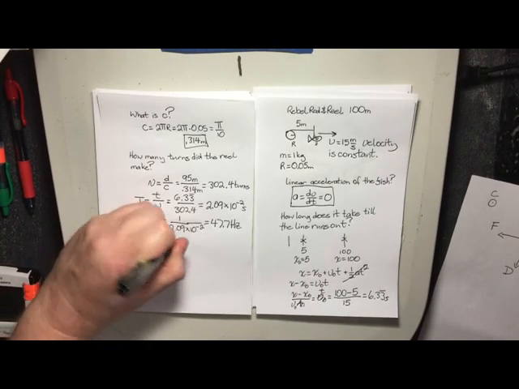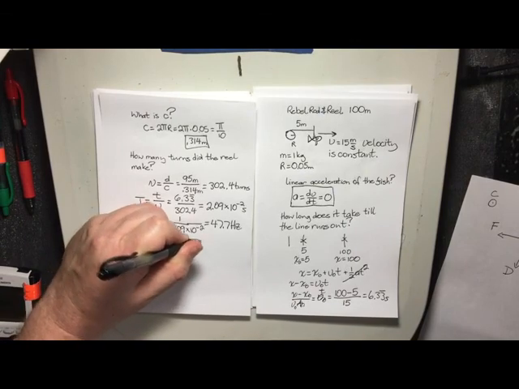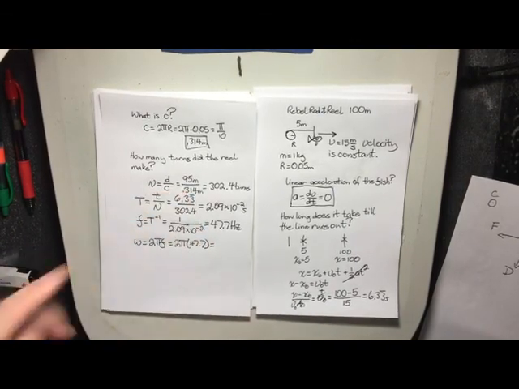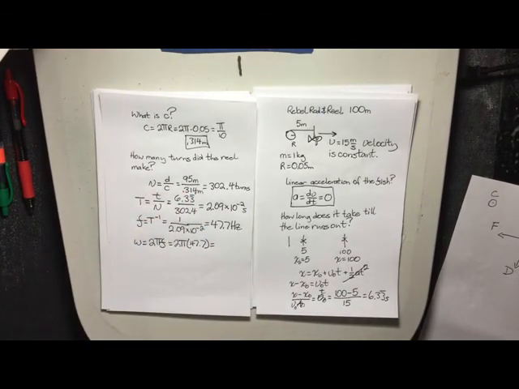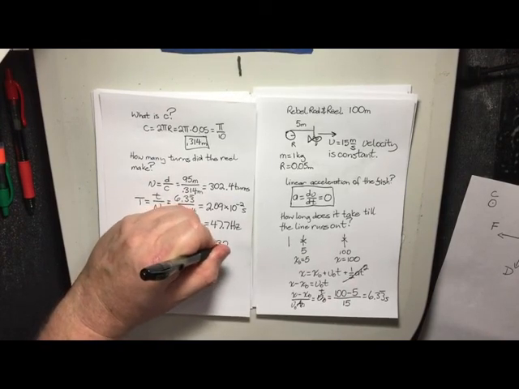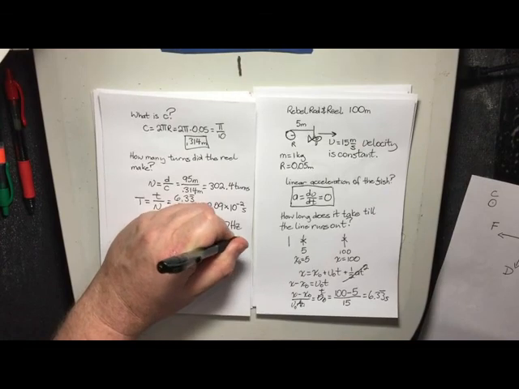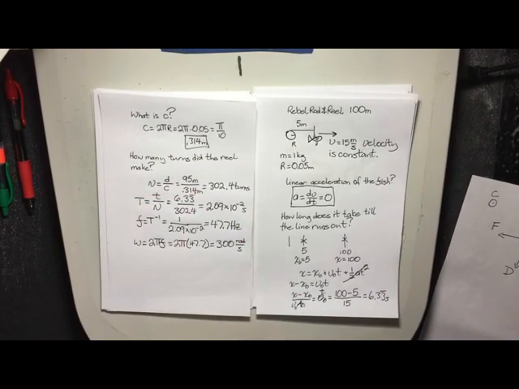So 2 pi times 47.7 is 300 radians per second. And I got 300.0000158. So even I'm a little bit rounding. So the angular velocity is 300 radians per second.